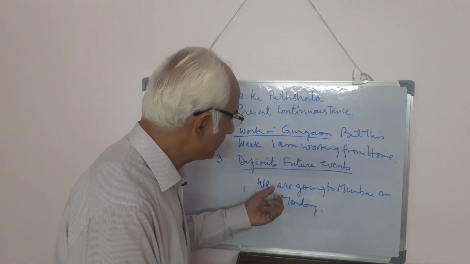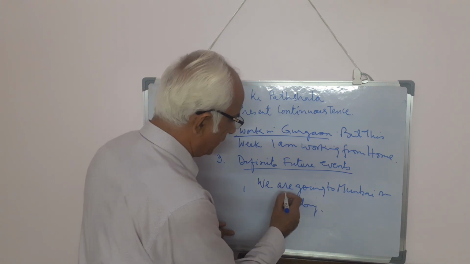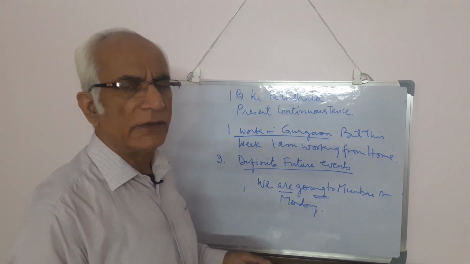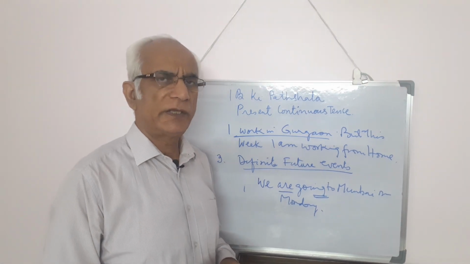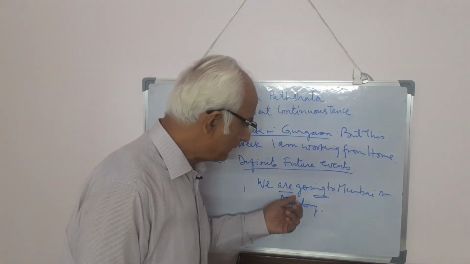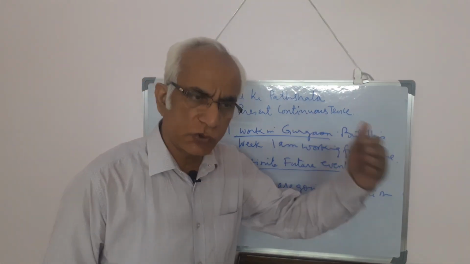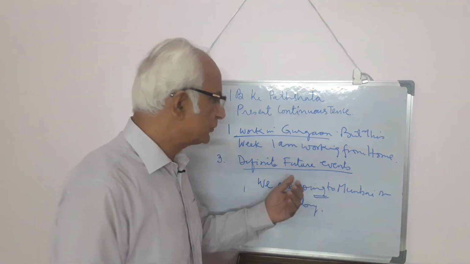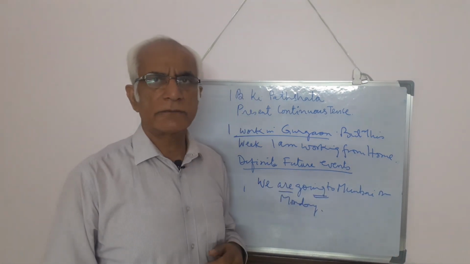But we are using present continuous tense, or going. Whenever you use ing with the verb, it becomes present continuous tense. So we are describing an event that will happen in future, that will happen on Monday. But we are using present continuous tense.